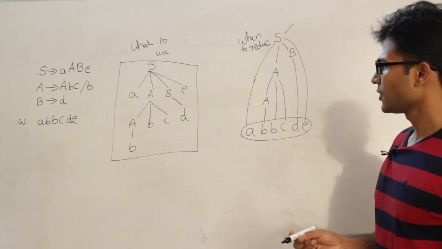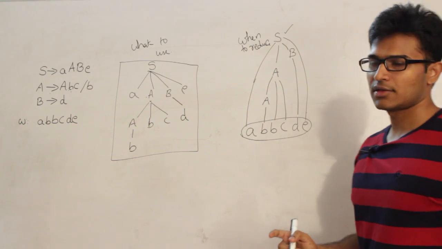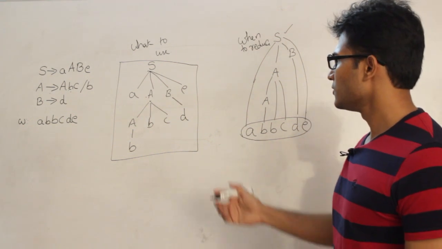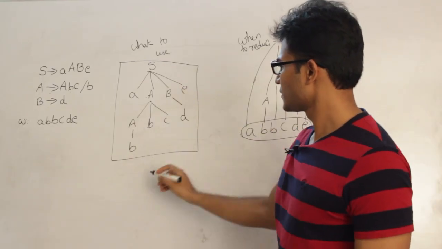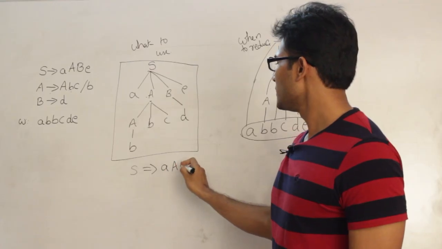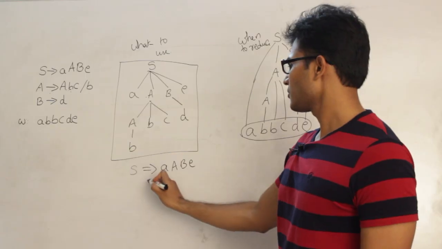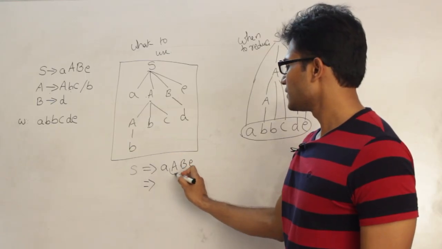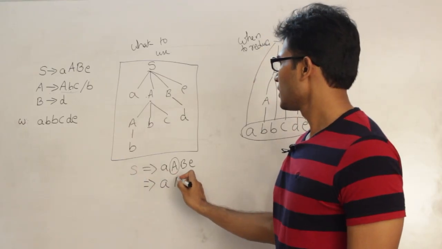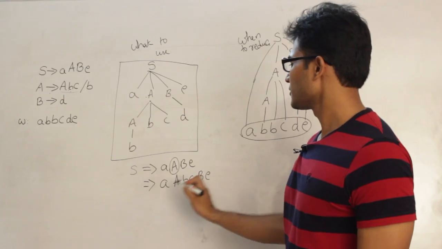Then one more thing worth noting here is that top down parsers work in such a way that they follow leftmost derivation. The way we used here is, S derives A, B, E, isn't it? The first production that I used is this, and the second production that I used is this: A is replaced with ABC, which means capital A, small b, small c, capital B, small e.